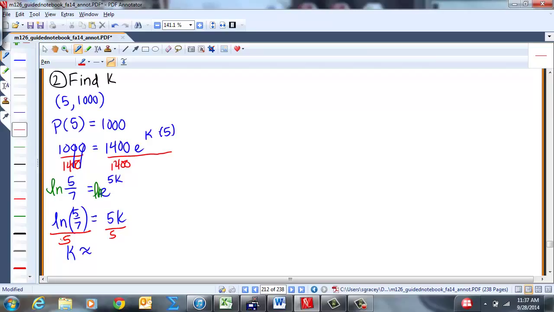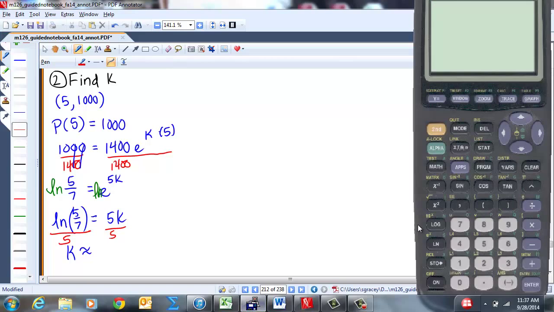So when we do this, this is how we'll get it figured out. So we have the natural log of 5 divided by 7. Now close those parentheses, and then we're going to divide by 5. Good.